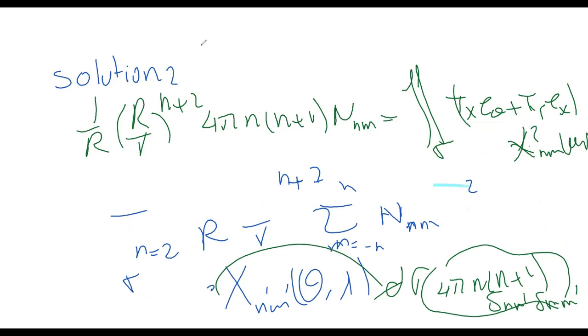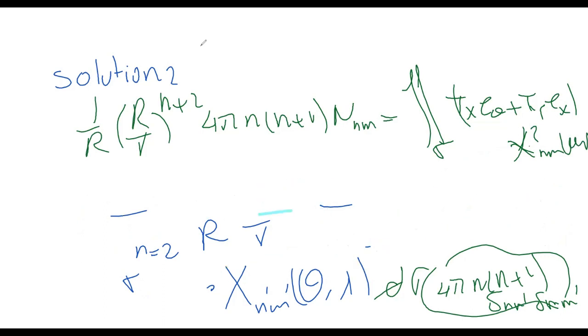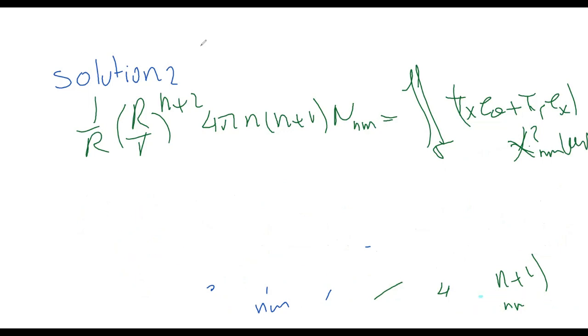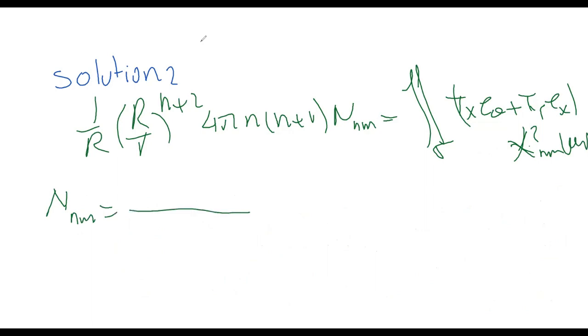So similar to what we had done for the astrogeodetic data, we can write the spherical harmonic solution for the n and m as R over 4 pi n m+1 multiplied by R over R m+2.